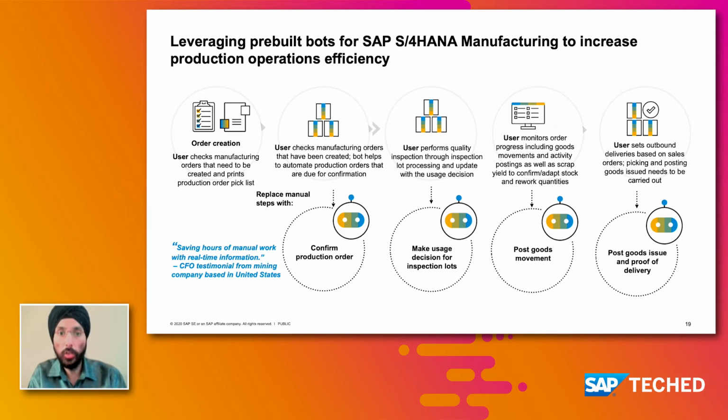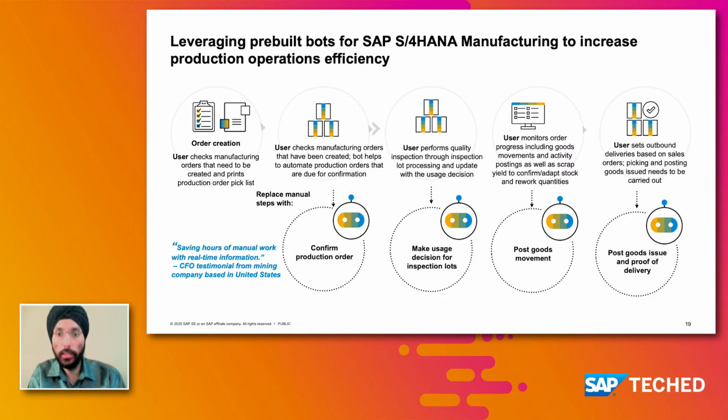The users also monitor the progress of the goods movement and the activity postings with the help of the SAP Intelligent RPA bot, which makes these post-goods movements easily accessible to the business users with the help of automation.